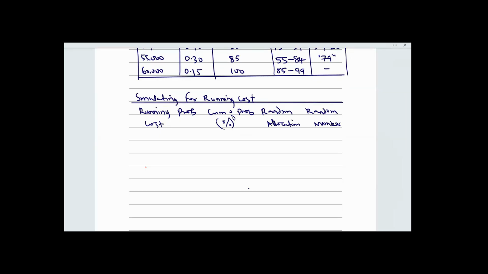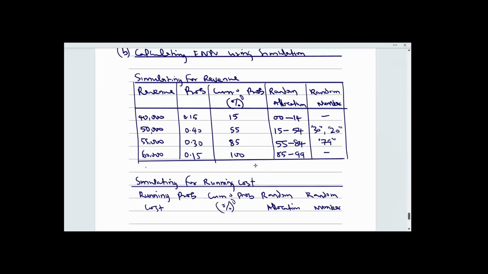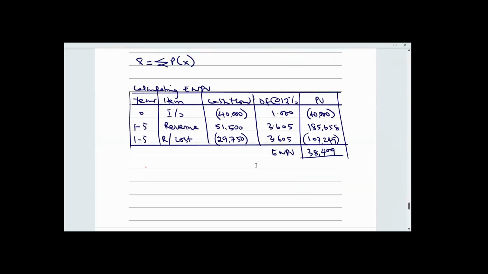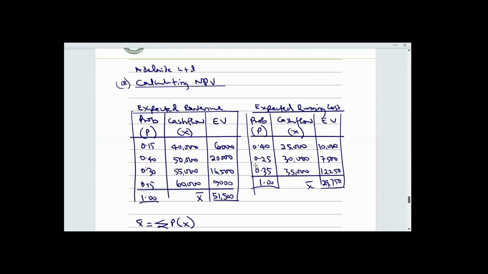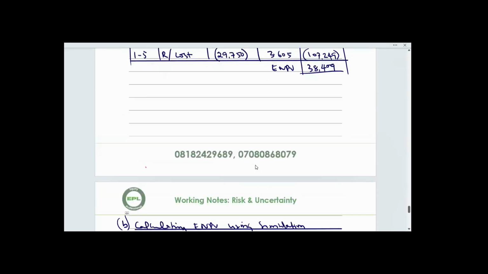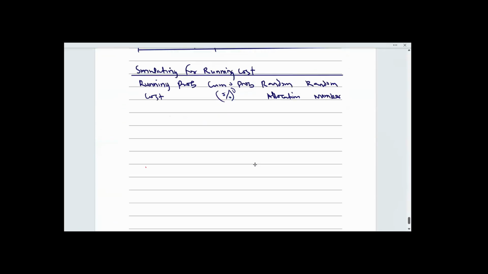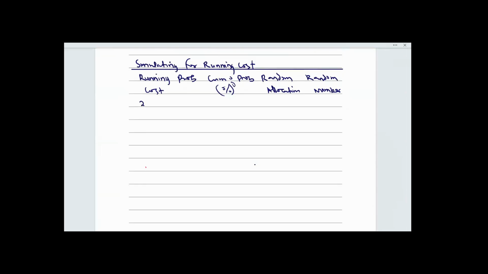Then the running costs as given to us are 25,000, 30,000, 35,000.